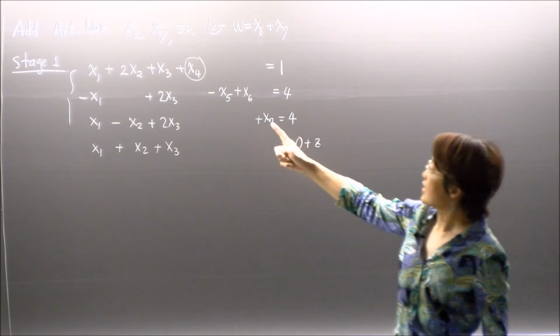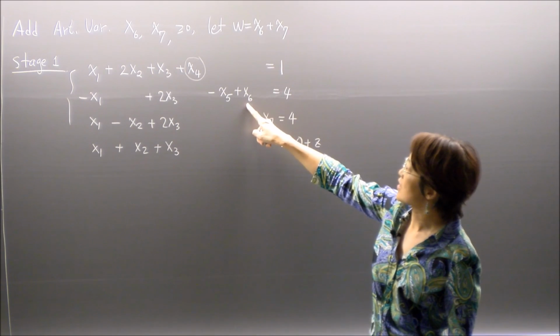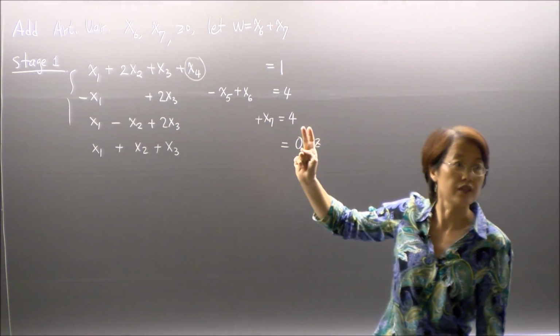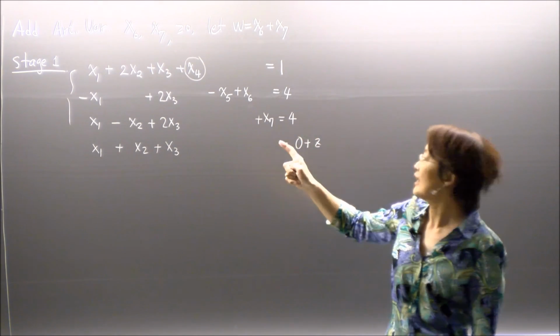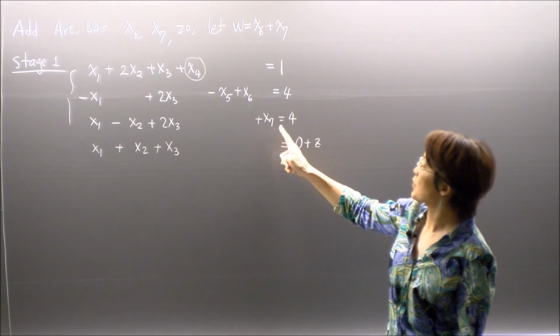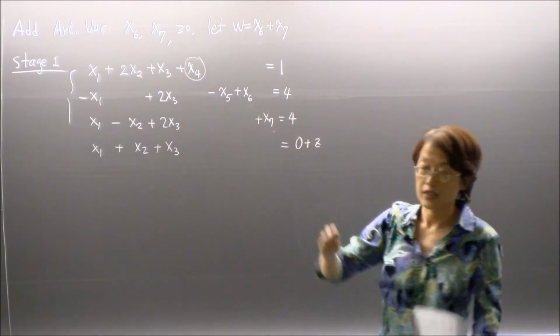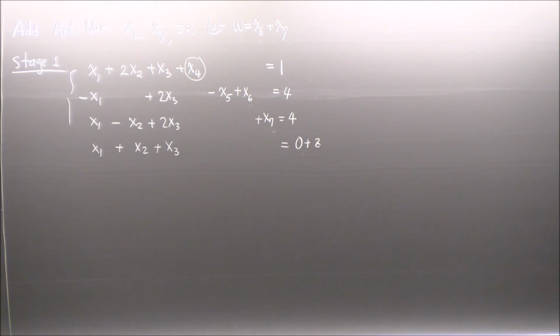Well, you can see that using the second equation, I can write x6 in terms of the other non-basic ones, right? And I can write x7 in terms of the other non-basic variables by using the third equation. In principle, I can plug it in and expand and collect like terms and work it out.